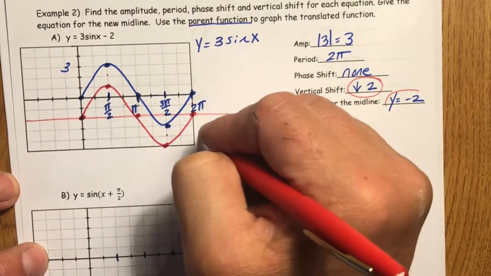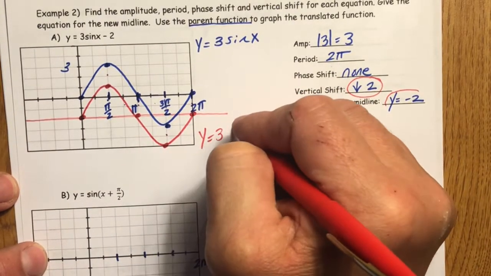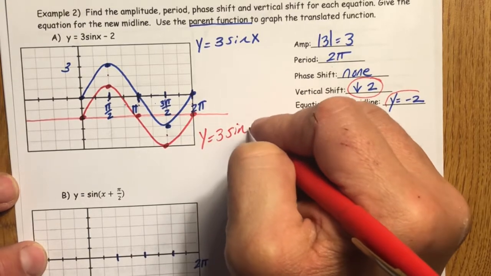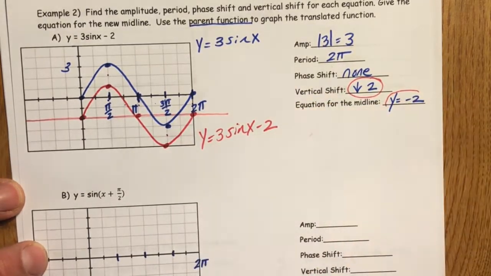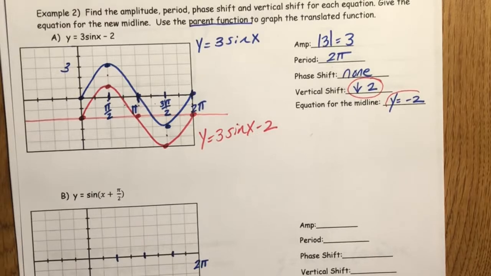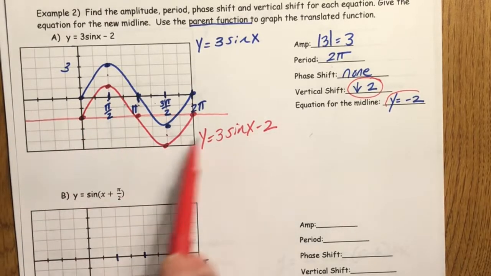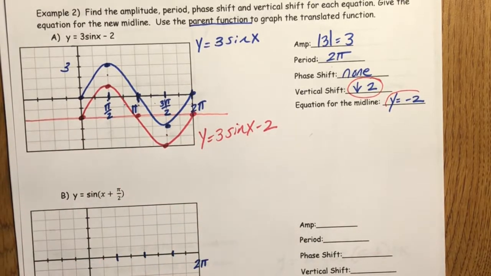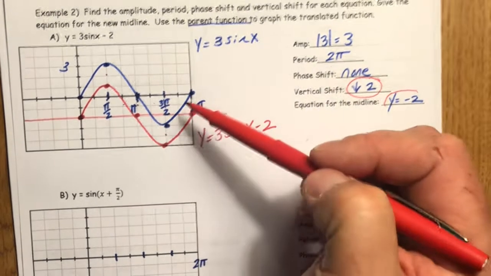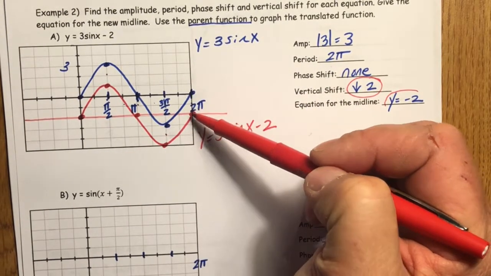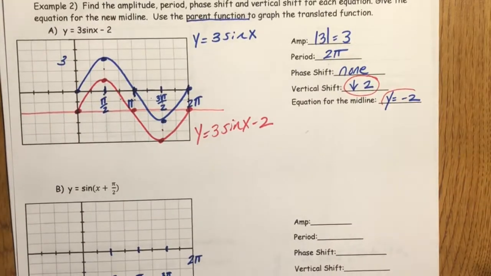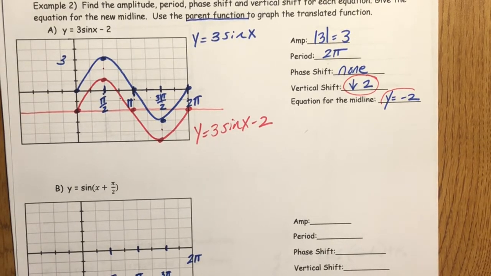And there is my y equals 3 sine x minus 2. So we just translated and drew this red sine function by taking the parent and moving it down, because that was the vertical translation. Easy, easy.